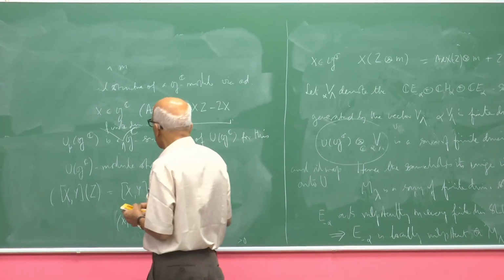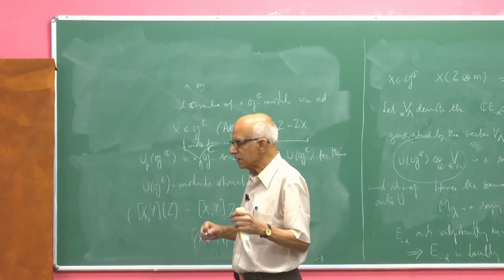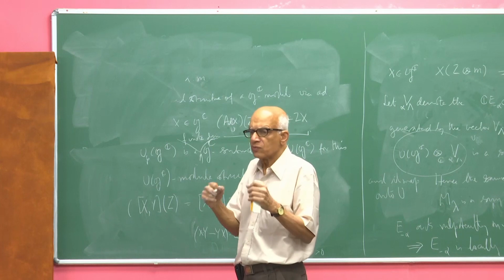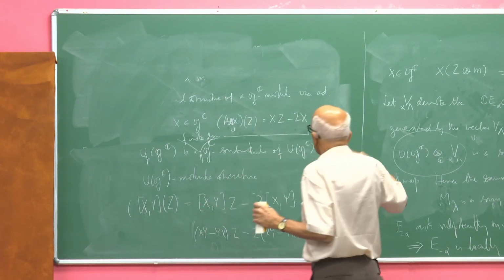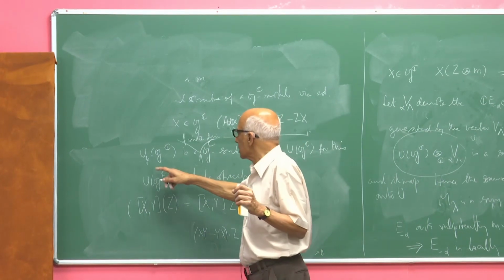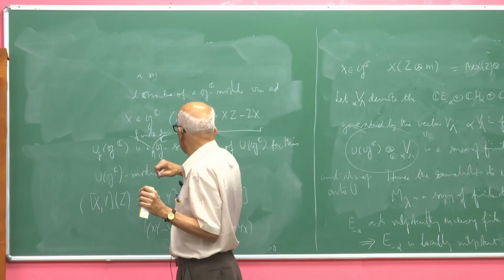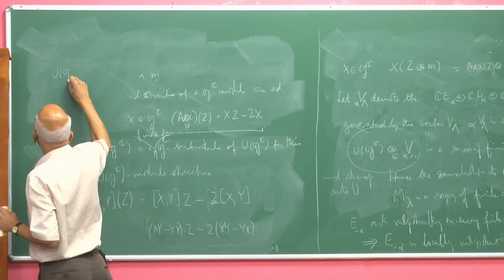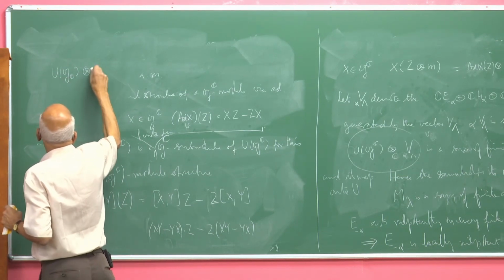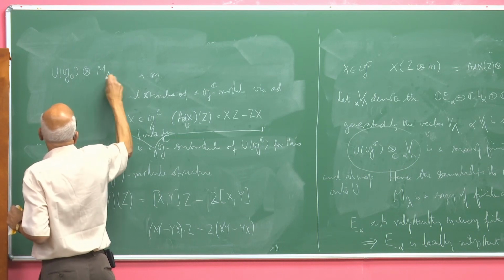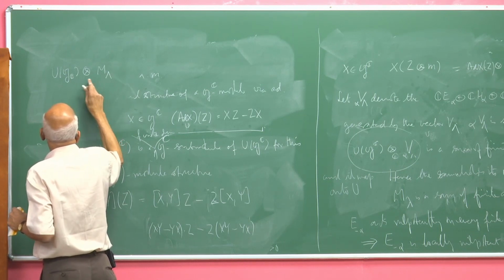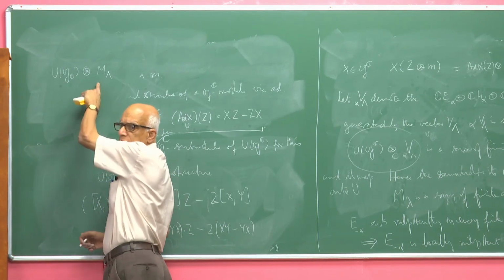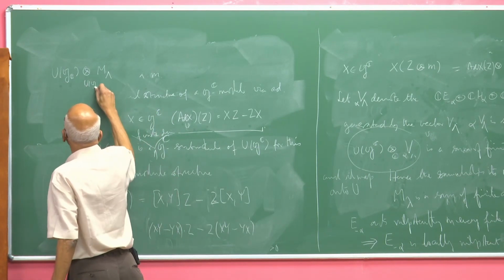The point is that you can form two things: UG tensor m lambda, where you treat this as a right UG module and treat this as a left UG module, and then you can form the product UG like this.